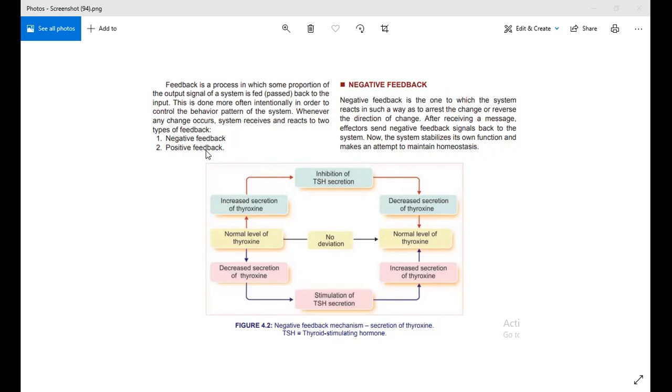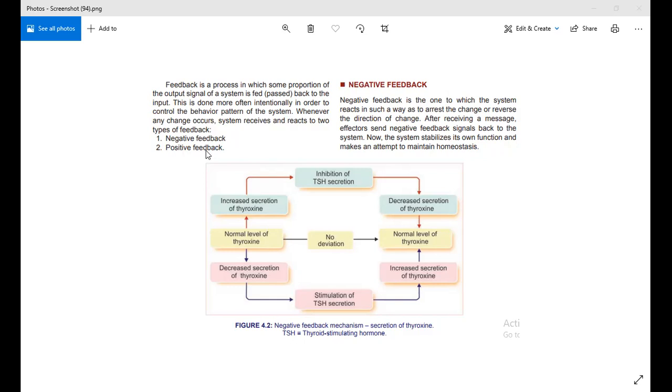But in a positive feedback, once signals get to the inputs, it doesn't stop the inputs. It energizes, it stimulates the input even more to continue to produce whatever was produced before. So that's positive feedback. But I'm going to show you examples so that you will understand it.